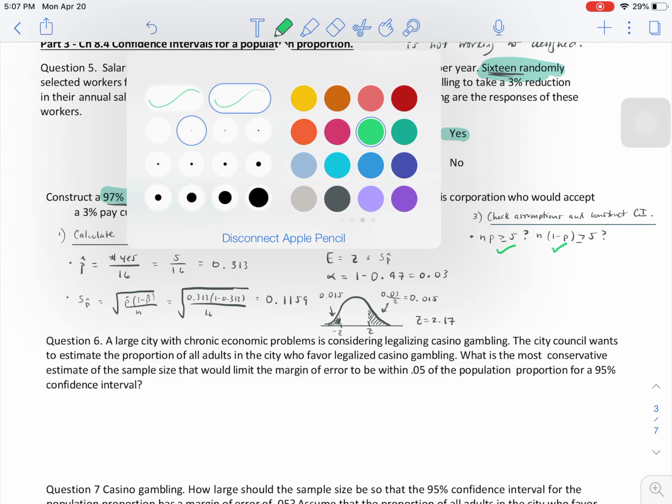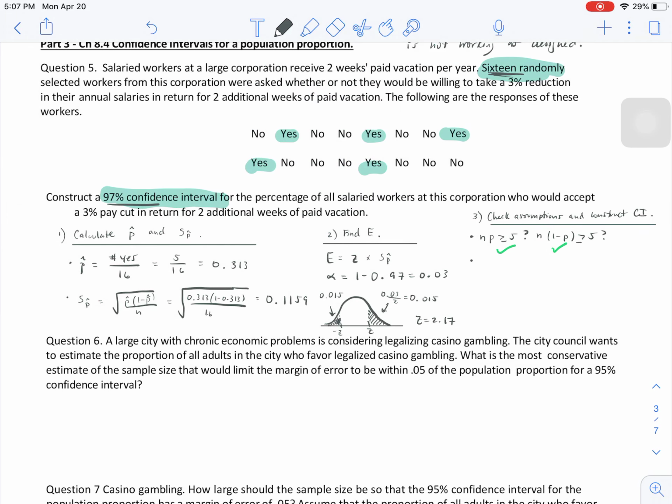All right, let's check a couple more assumptions. Do we have a random independent sample? Well, we're told it's random, and we'll assume independence because we're not told otherwise.